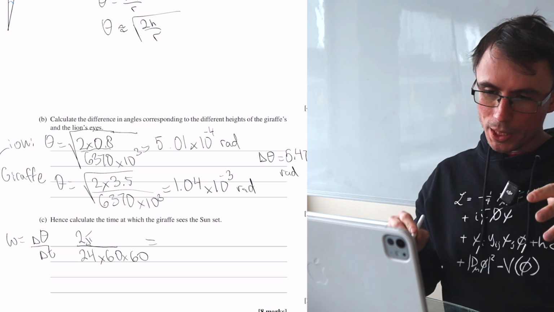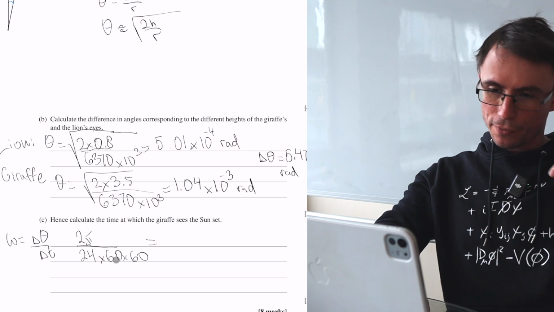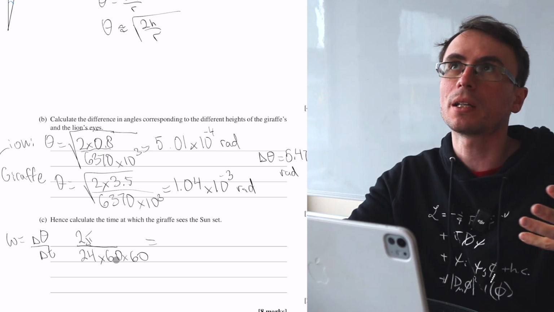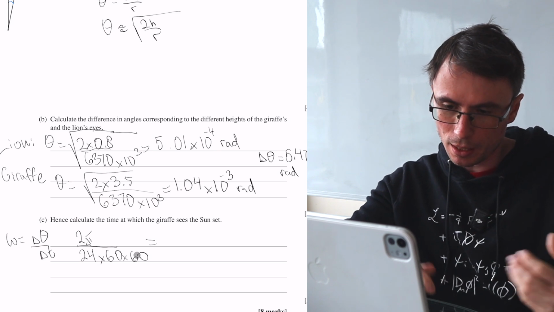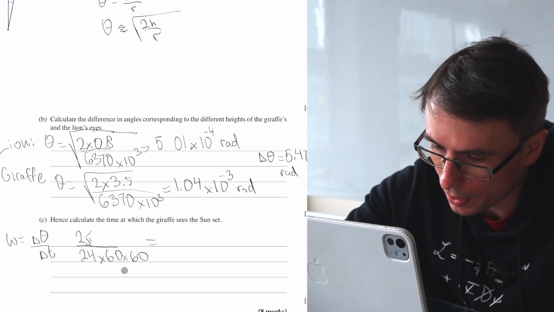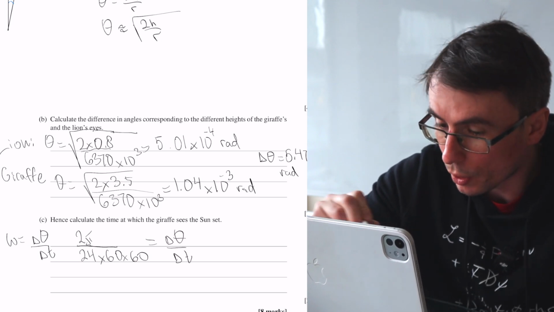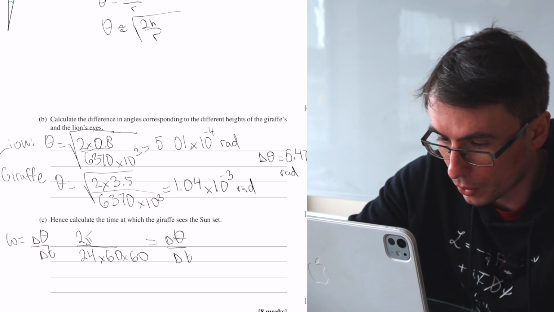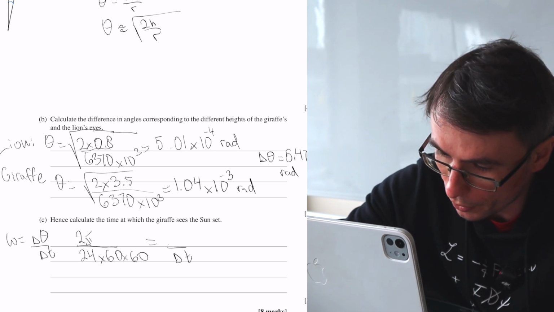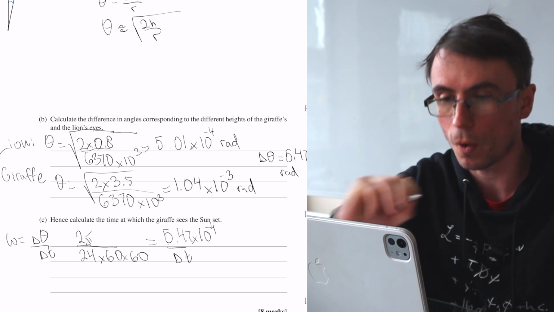So if that's omega, the angular rate at which the Earth is rotating, we can figure out the time that it takes to cover a change of angle of 5.47 times 10 to the power of minus 4 radians.